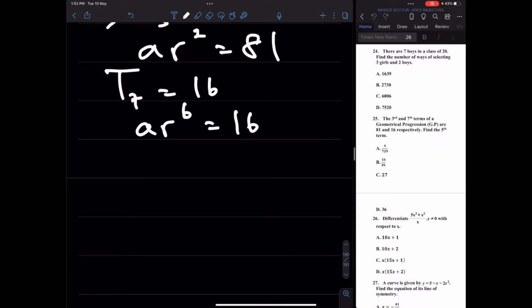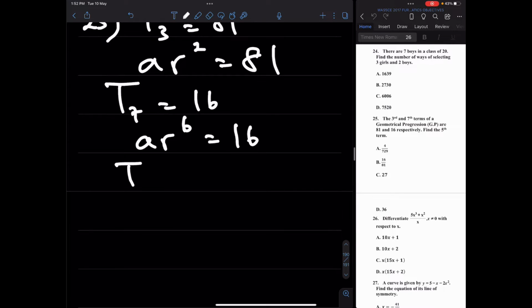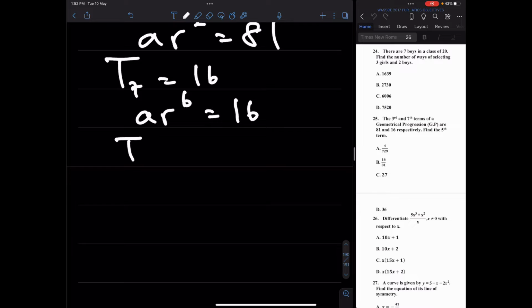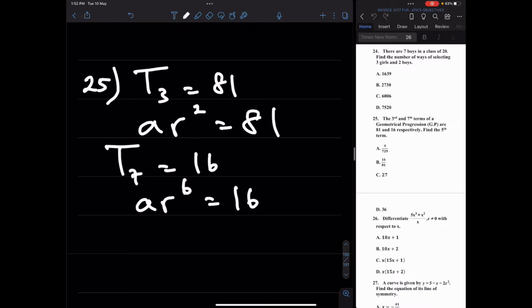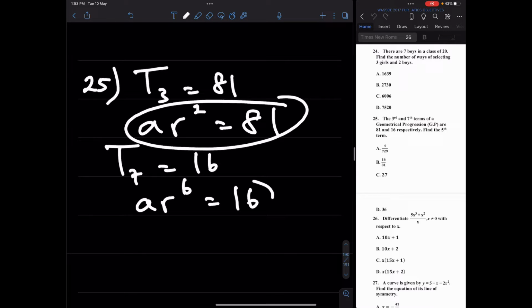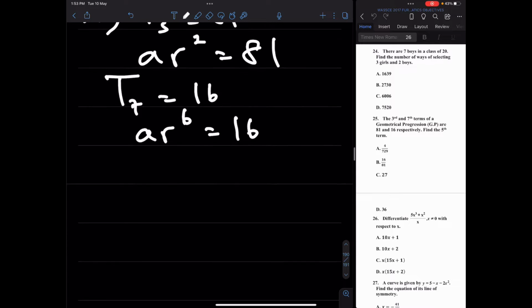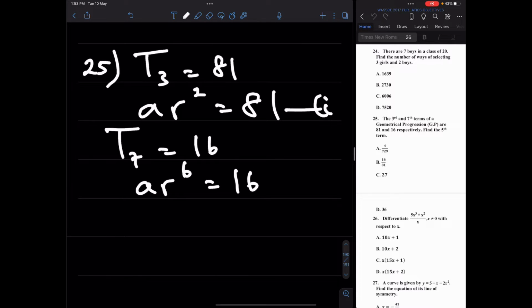Then I can divide T7 by T3, I'm just doing that to find the value of R. If you like, you can make A the subject of this equation and put it here. You also get the same answer. Let me call this equation 1 and this equation 2.